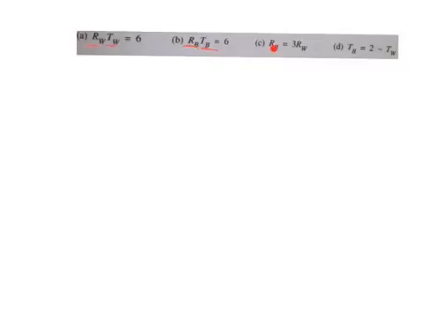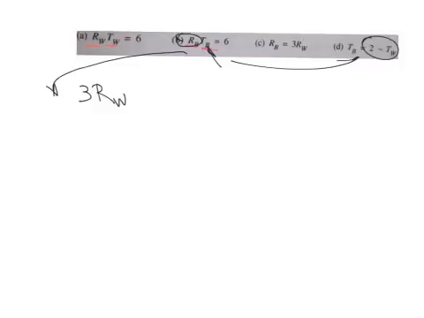So what we're going to do is substitute 3RW in for this RB here, since that's what RB equals. So I'm going to rewrite that as 3RW for that RB. And I'm also going to substitute this TB with that over there. So I'm going to multiply it by 2 minus TW, and then that equals 6.